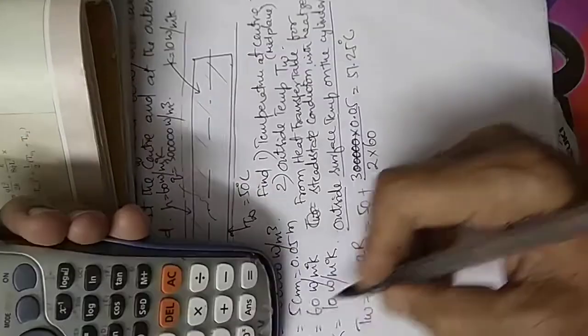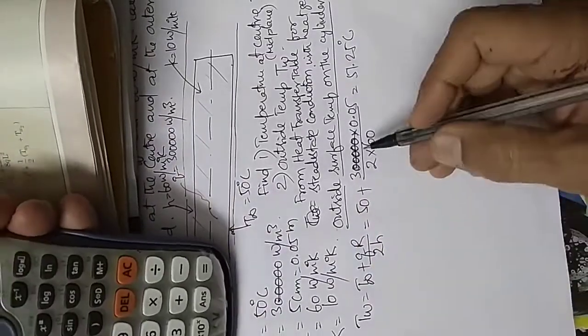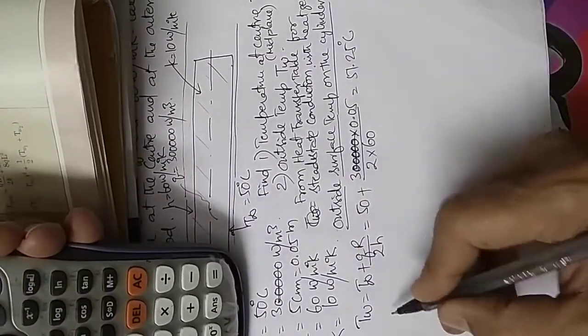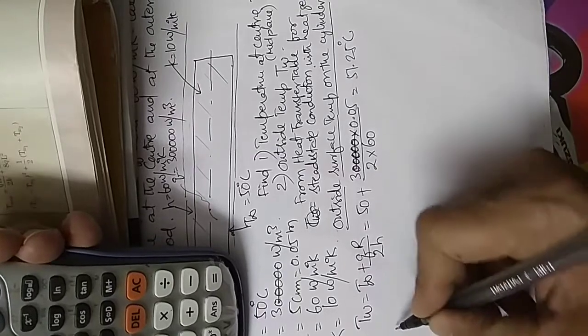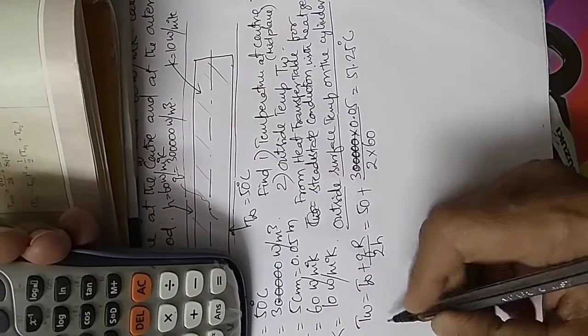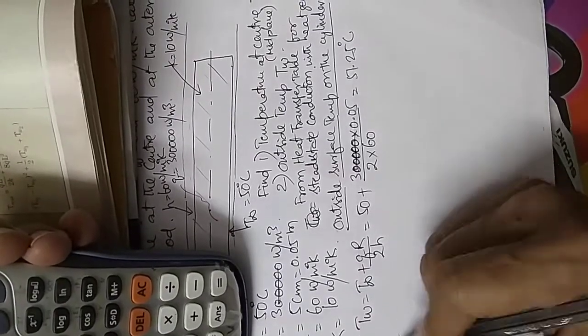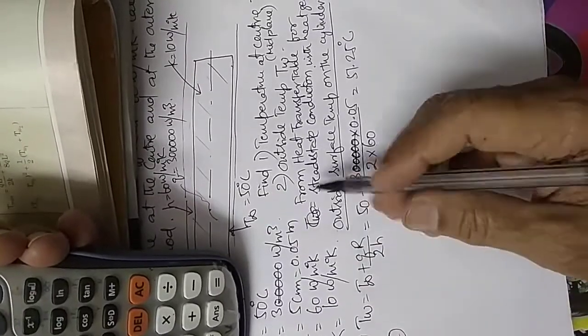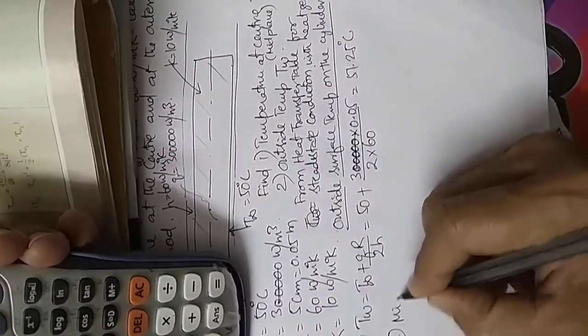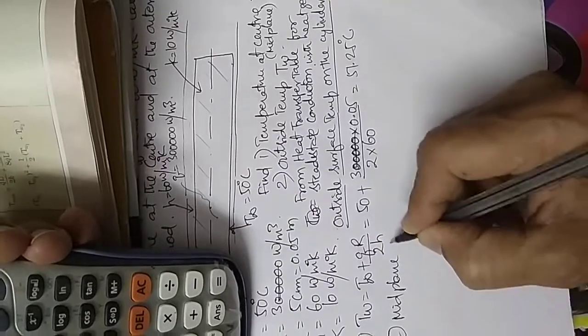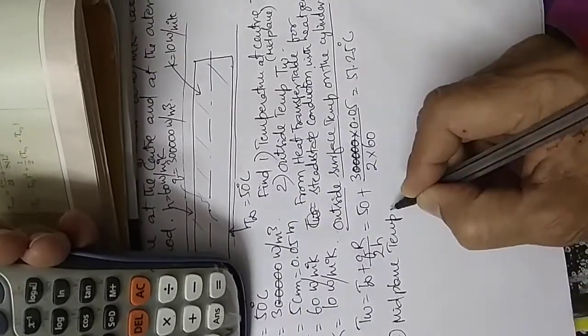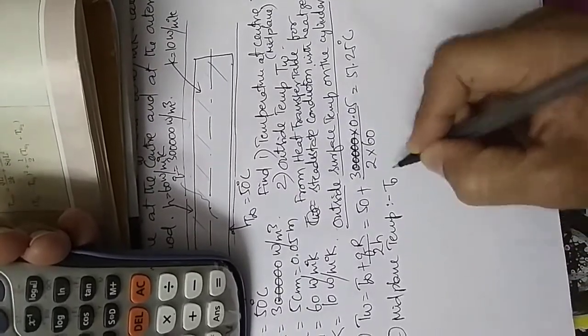Now once you find out the temperature of the wall, the second step is to find the mid plane temperature. So we have to calculate the mid plane temperature. For mid plane temperature, the symbol is T naught.